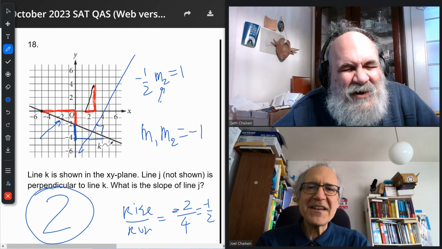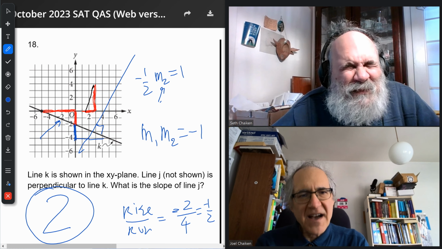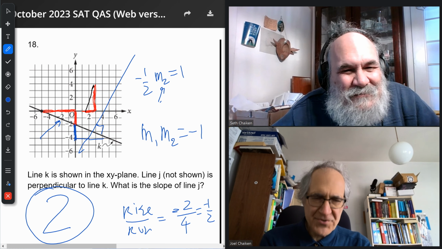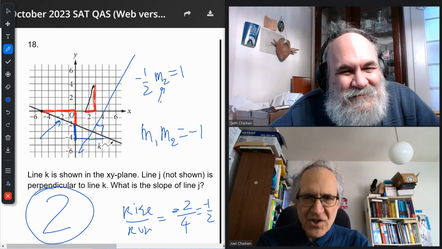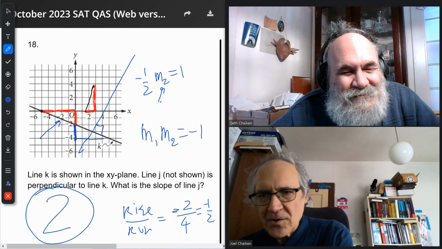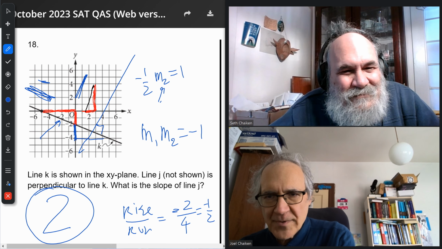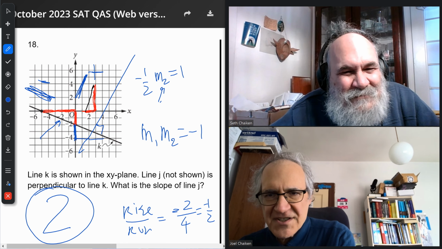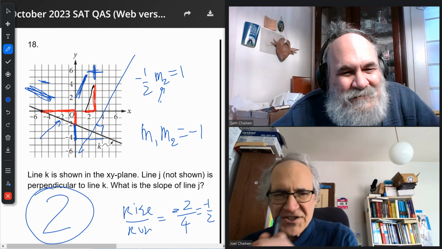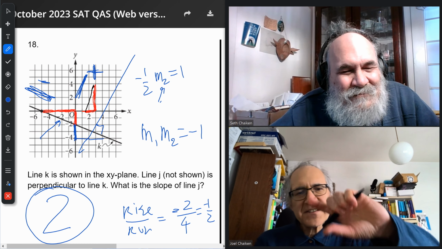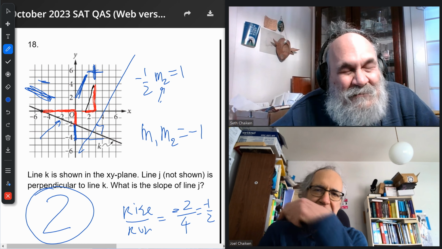The algebraic sign of the slope also changes. The slope changes from a negative slope here to a positive slope here. So the algebraic sign changes, and the x and the y flip.